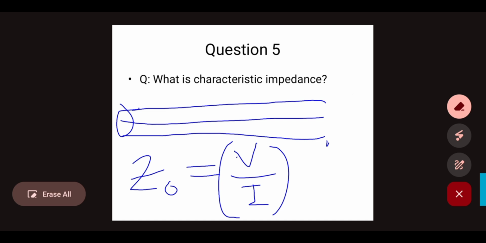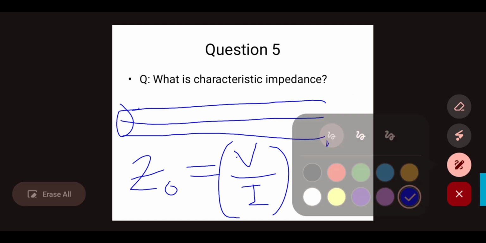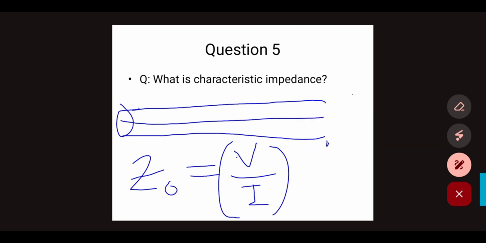This is our load, and we have connected it in such a situation that there should not be any reflection going back. That is called characteristic impedance.